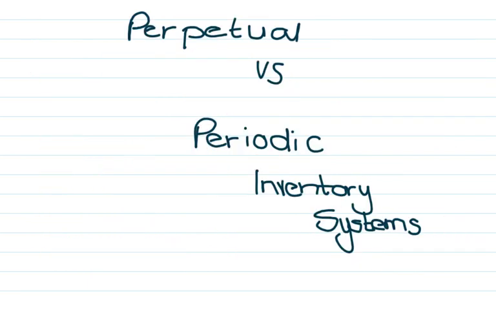Now, I just want to introduce you to something more, and that is the perpetual and the periodic inventory systems. So the difference in these two, and I will start with the periodic. You can see the word period there. So it's something to do with the period.